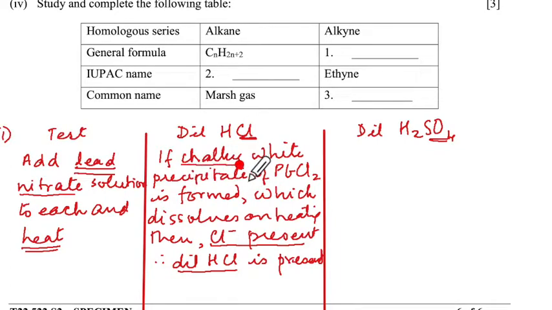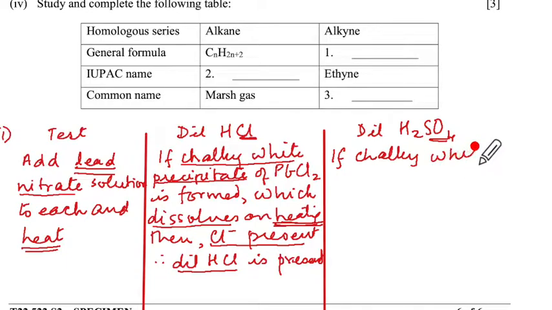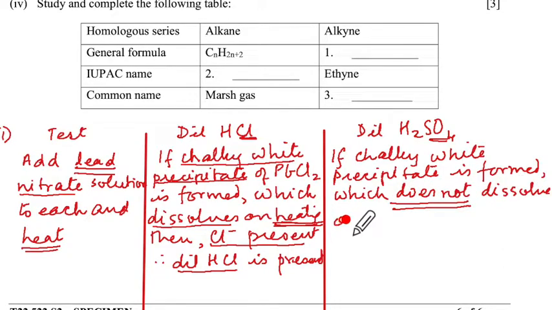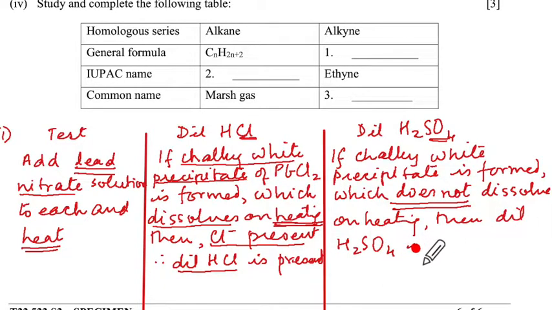The keywords: in H2SO4, lead sulfate will be formed, exactly the same description. If chalky white precipitate is formed which does not dissolve on heating, then we will say dilute H2SO4 is present.